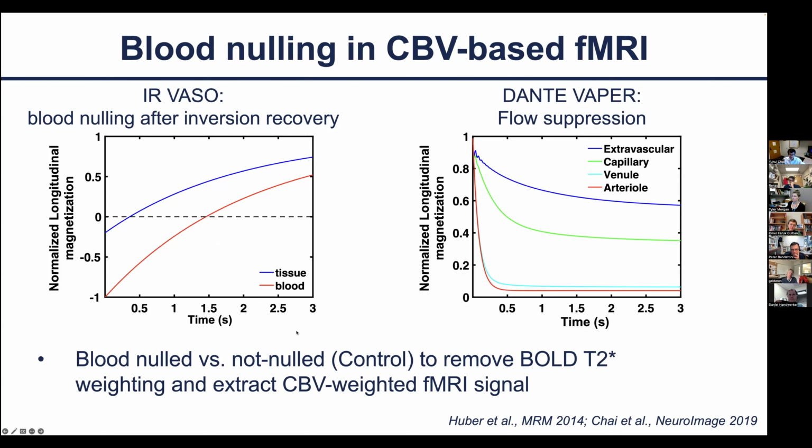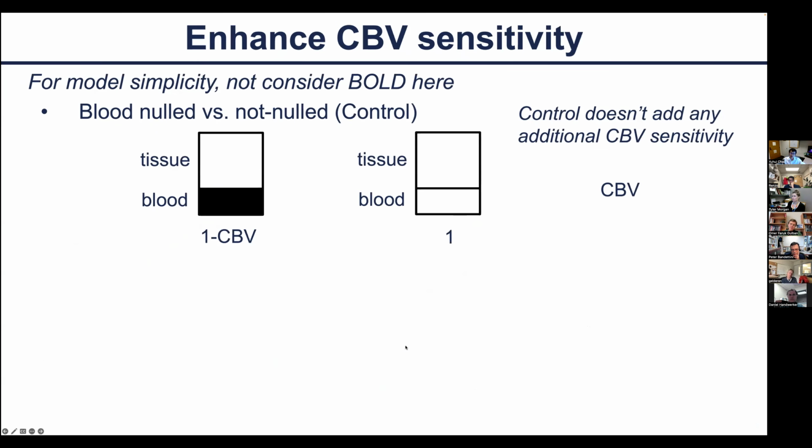For this control part, we add a control measurement into the VASO or VAPER sequence for the purpose of BOLD correction. If we ignore BOLD here and compare blood-nulled versus not-nulled, consider for example a gray matter voxel: tissue contributes about 95% of the voxel signal, and blood contributes about 5%.